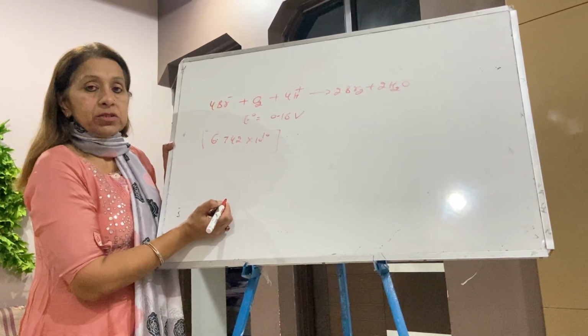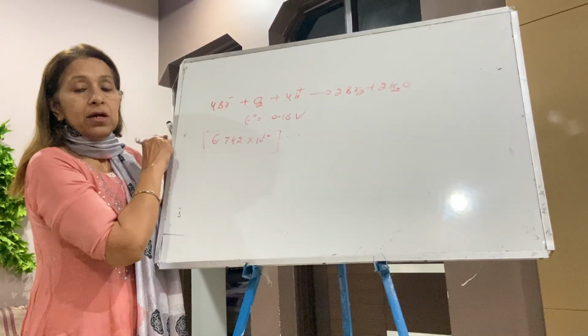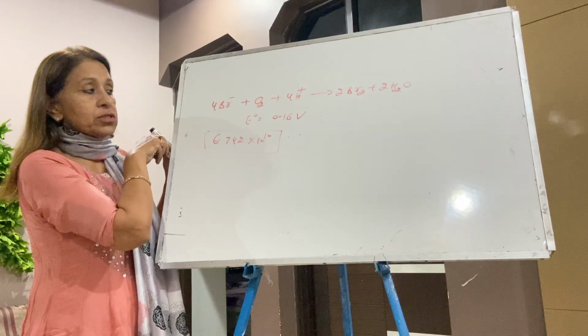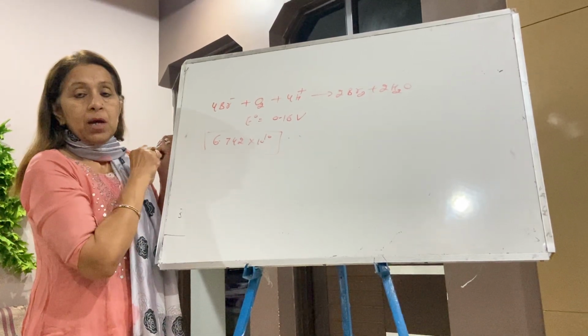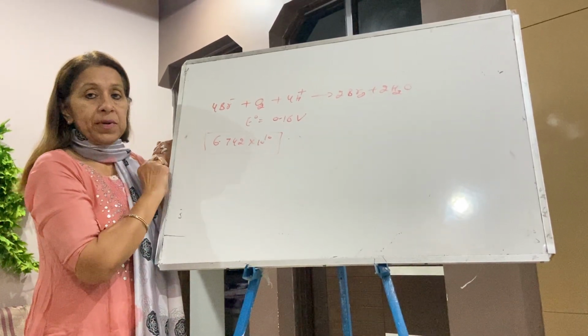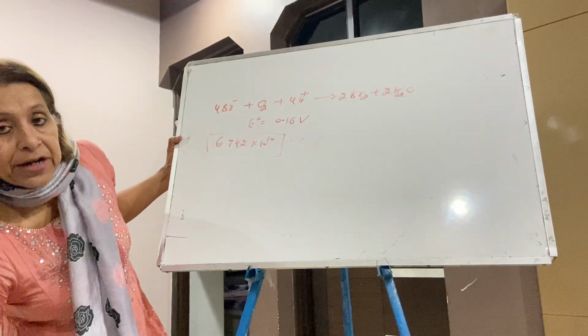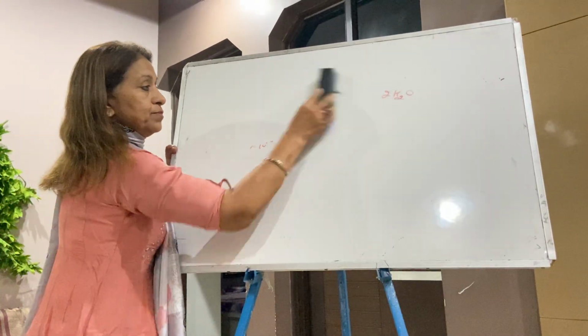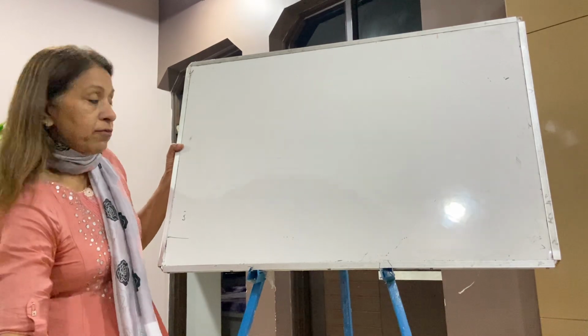Calculate the equilibrium constant. This completes your topic, calculation of equilibrium constant from the Nernst equation. Before taking the next topic, write how to take the antilogs. Write down antilogs. Log I will take later on.